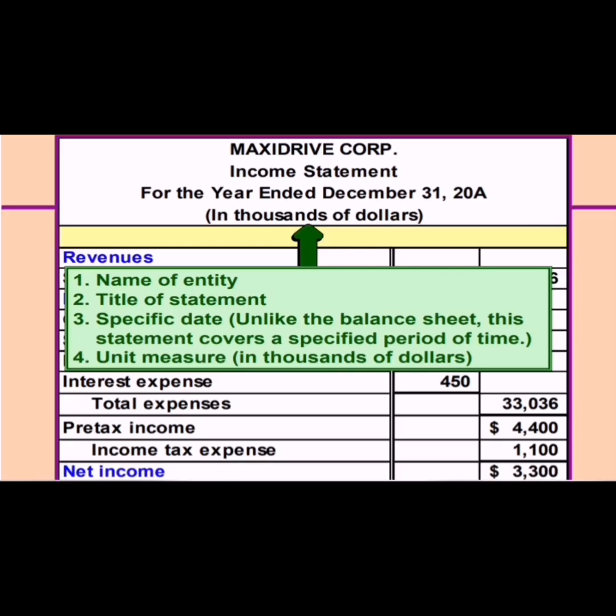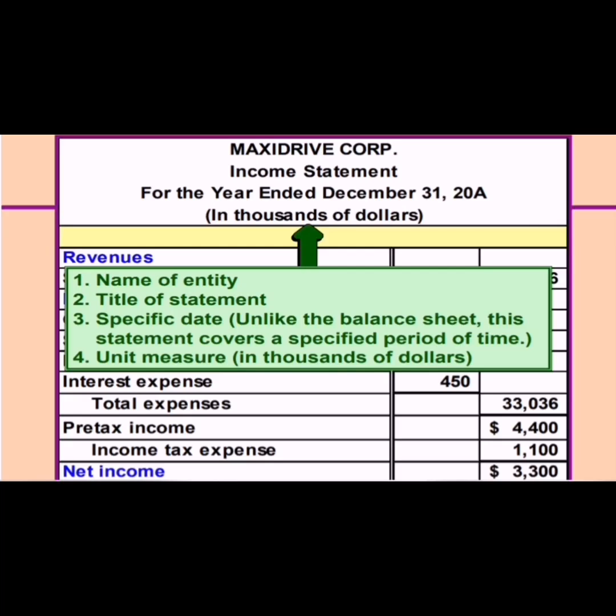So on your screen you can see a light green block, that is actually the heading of the income statement. You can see the heading comprises 3 or 4 portions. The first portion is the name of the entity, which means the name of the organization. So you will write the name of the organization on the top.